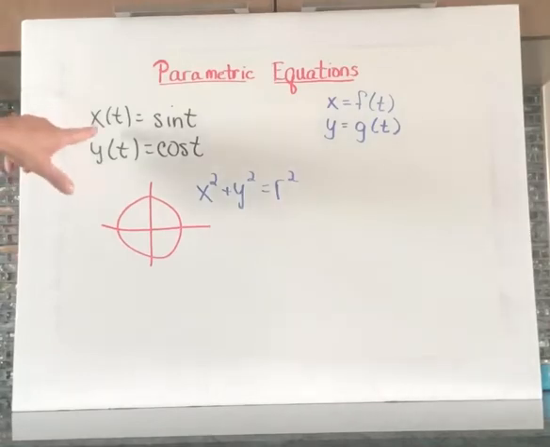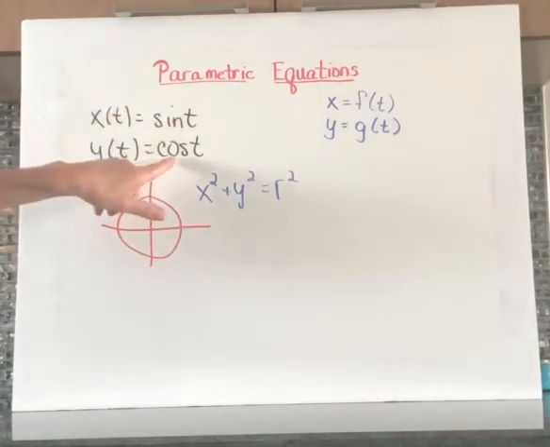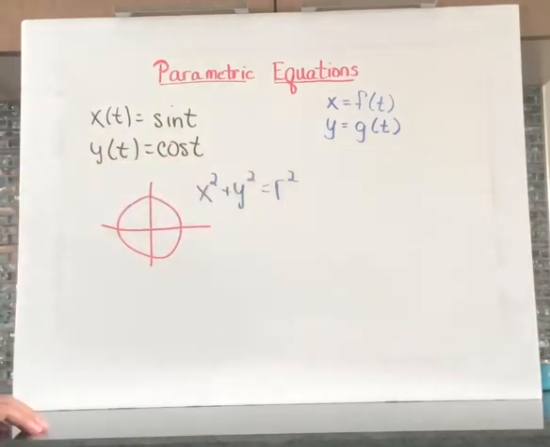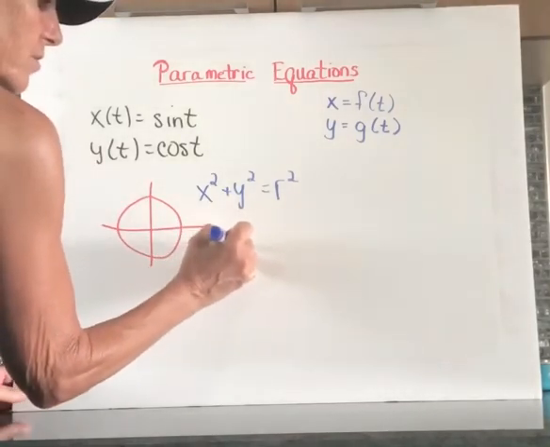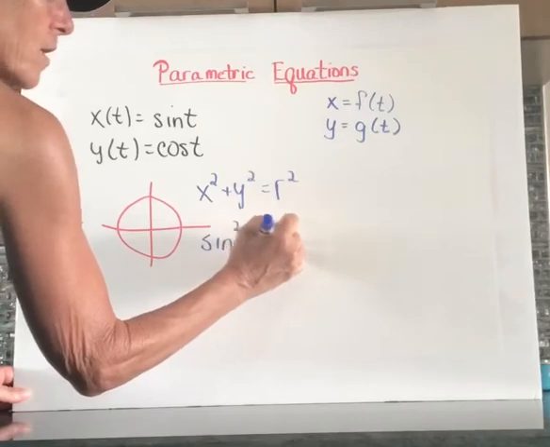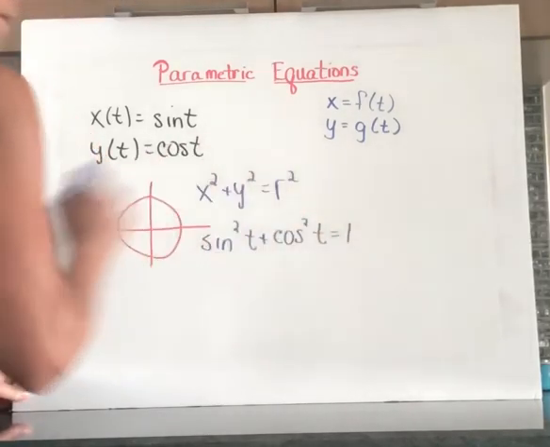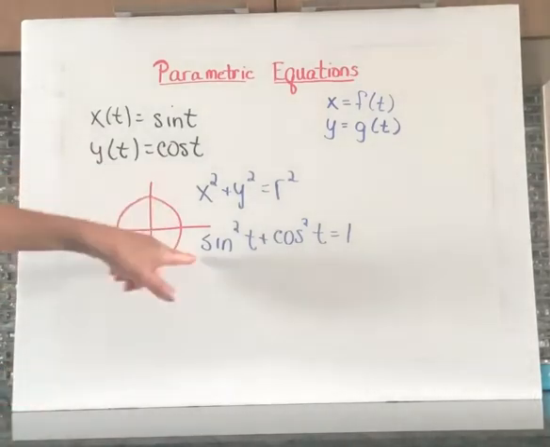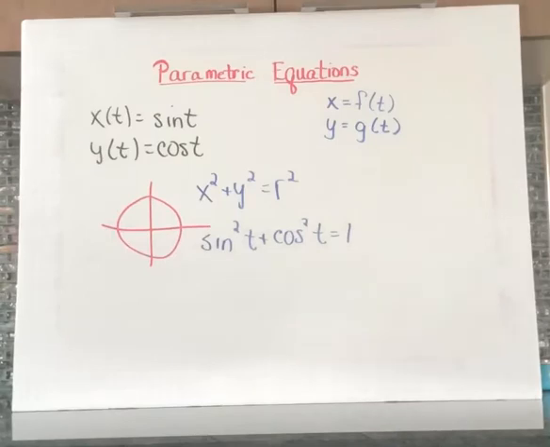If you substitute in this particular example sine of t in for x and cosine of t in for y, and your radius is equal to 1, what you have is sine squared t plus cosine squared t is equal to 1. I just changed it from x and y to parametric. This should look familiar to you. That's called your Pythagorean identity. And this is an example of where it works.